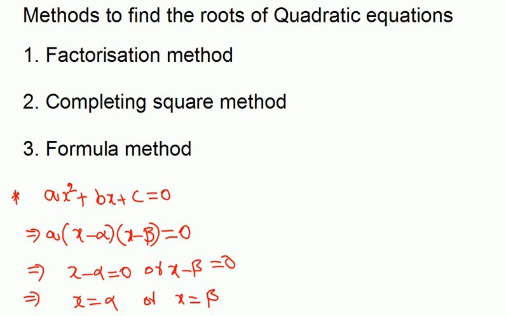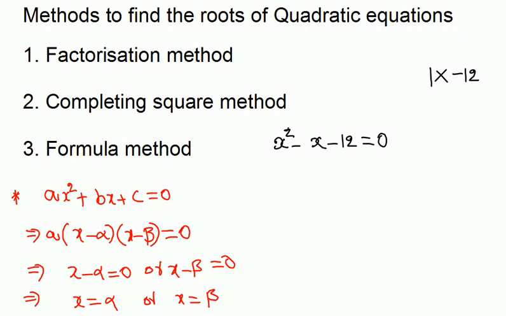So for example, I am taking a monic quadratic equation, that is x square minus x minus 12 is equal to 0. So if you want to find the linear factors of this polynomial, first we need to multiply the coefficient of x square 1 and the constant term minus 12.